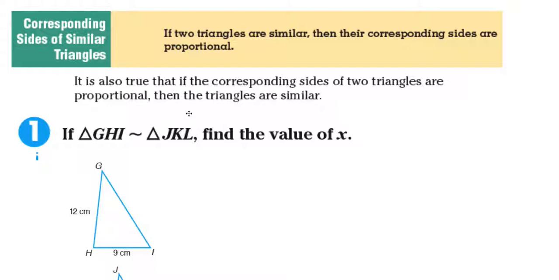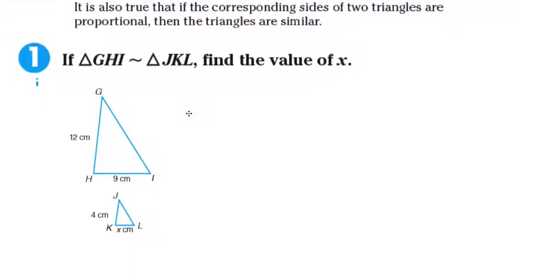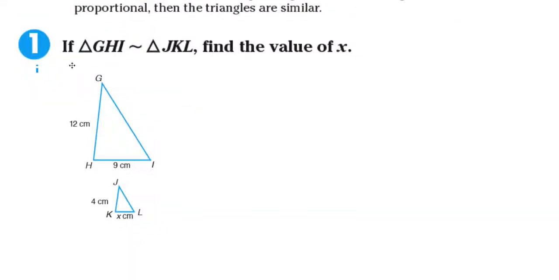So let's take a look at example number 1. If triangle GHI is similar to triangle JKL, find the value of x. So we want to find the value of x, which is segment KL.